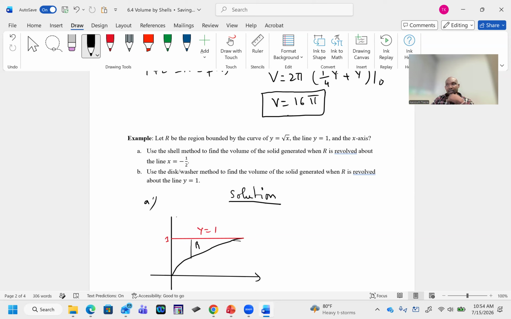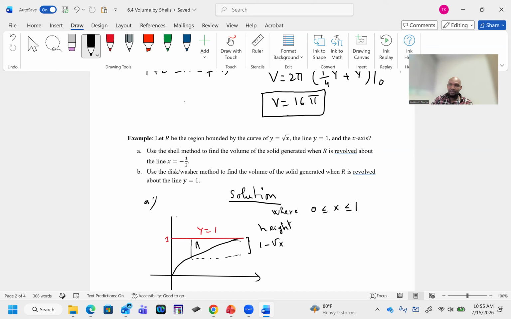So a typical slice through R at a point x, where 0 is less than or equal to x, and x is less than or equal to 1, has the height of 1 minus the square root of x. So we'll have the height of 1 minus the square root of x.